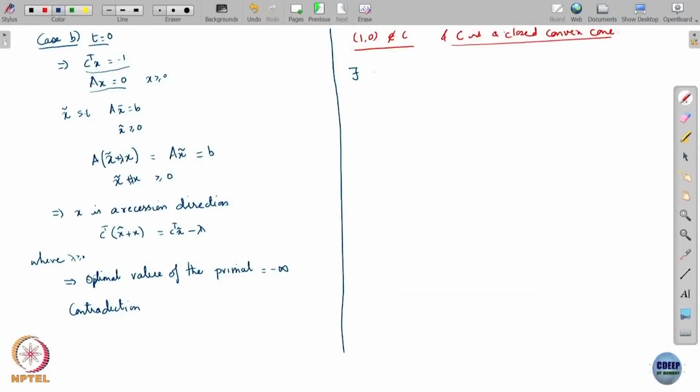Now, remember C is a set in R^(m+1). So, the hyperplane should also have its normal with m plus 1 coordinates. So, let me write it like this: there exists (s, y) not equal to 0. This is the hyperplane normal.